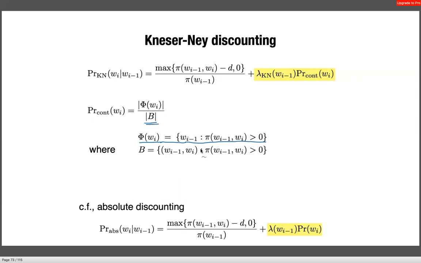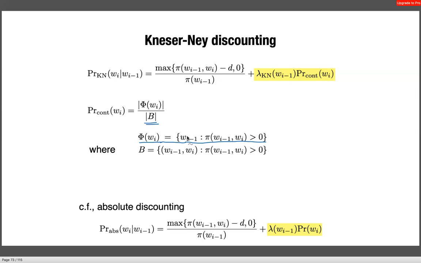And in the numerator, I'm only looking at, for a wi, the size of phi wi, which is the size of the set of all the words which can precede wi with non-zero count in my corpus. Okay, so that's the continuation probability.